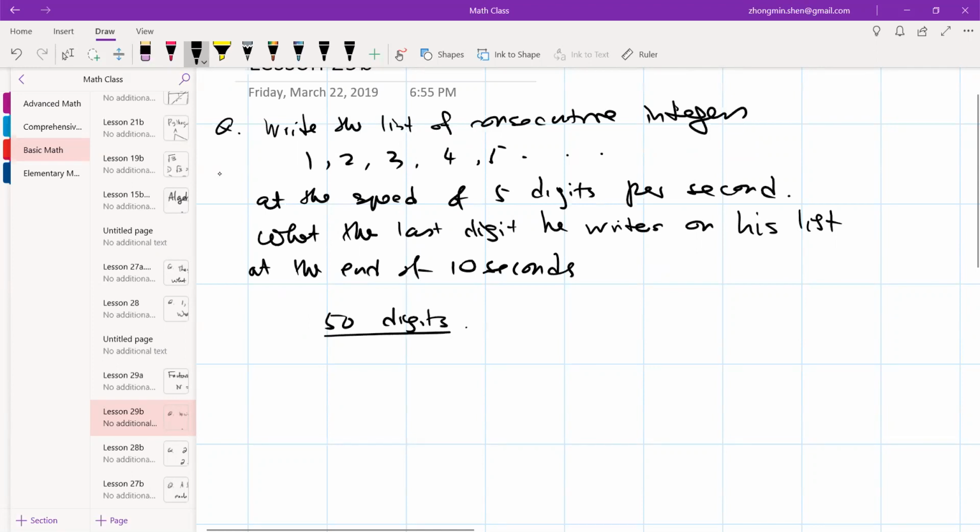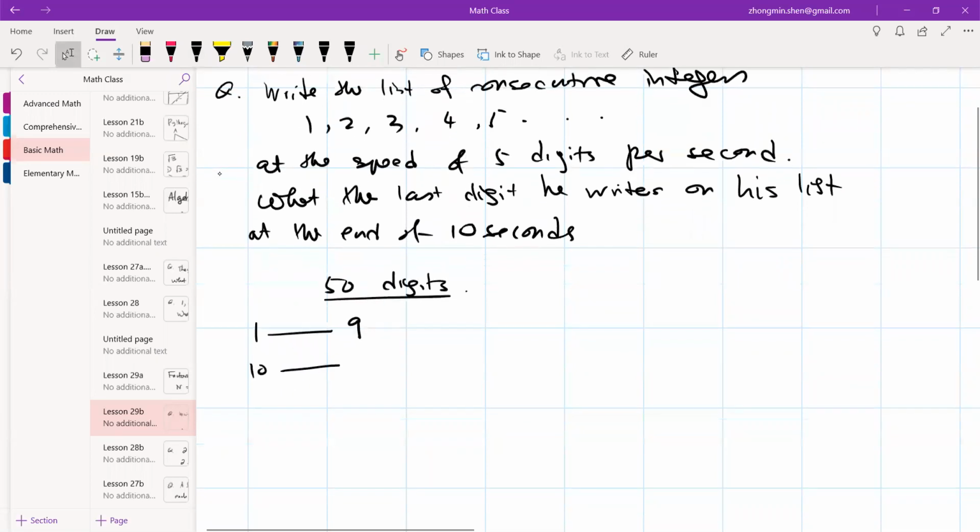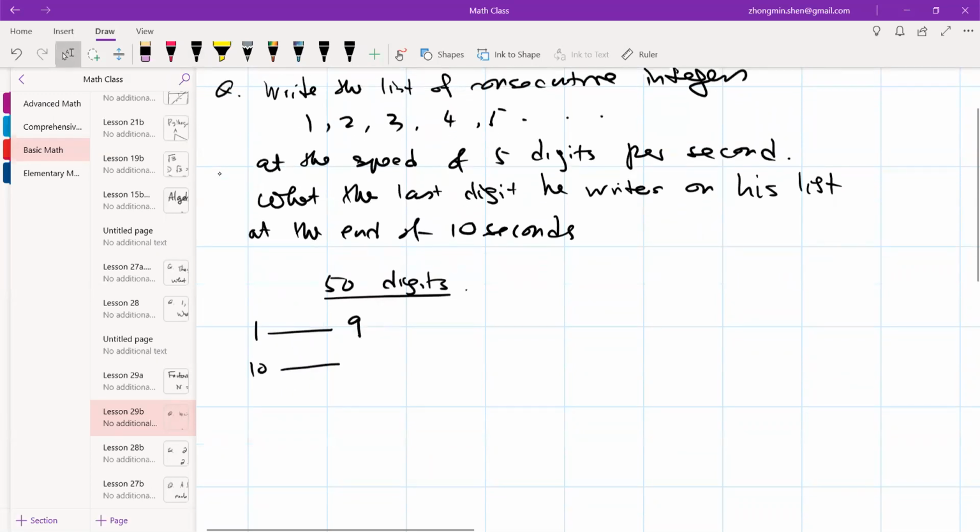So 50 digits, right? And when you write down numbers, like from 1 to 9, how many digits, right? From 10 to some number, suppose n, you write down the last integer, okay? Then how many digits are you going to get? In total, you have 9 digits from the single-digit numbers.